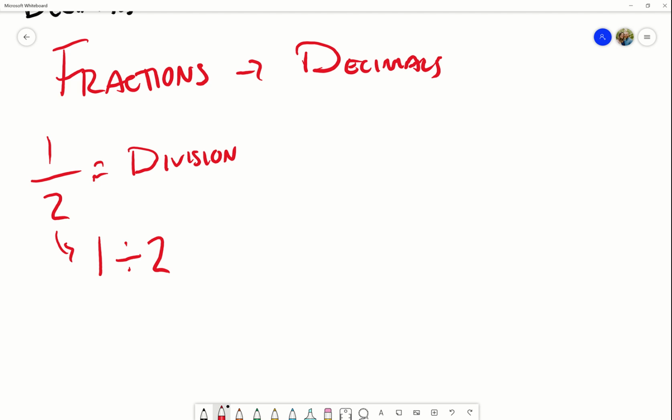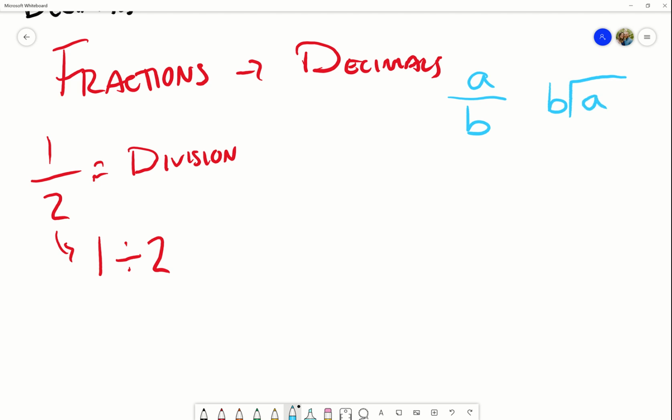You need to remember, I'm going to put this over here. This will be our helpful guide here. So we have a fraction, a over b. And I say a and b because it doesn't actually matter what those values are. They can be any values we want to be, but they're going to be a and b. When we divide and we put this in long division, we're going to end up putting b on the outside and a on the inside.